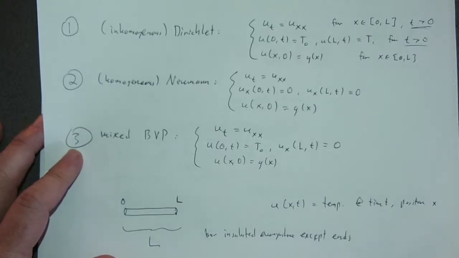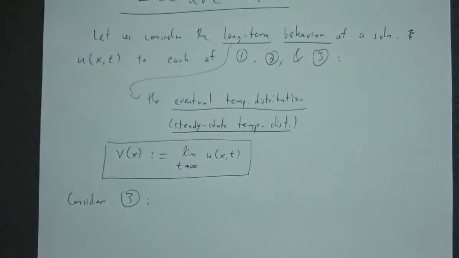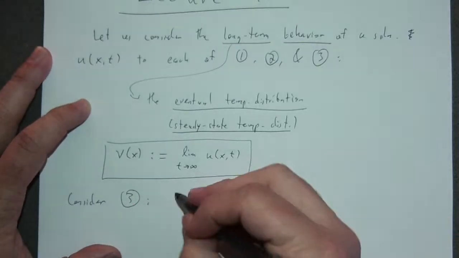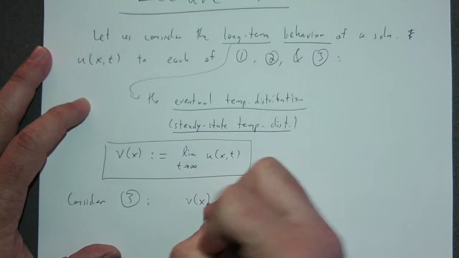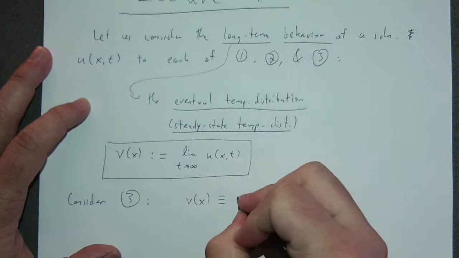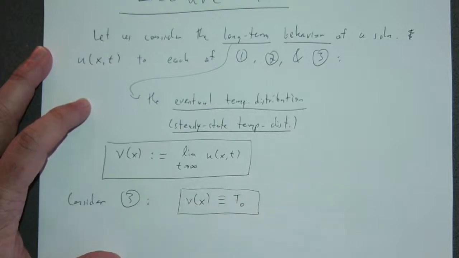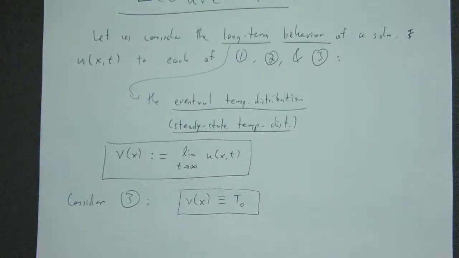And so in this case, v of x should be identically the constant T naught.